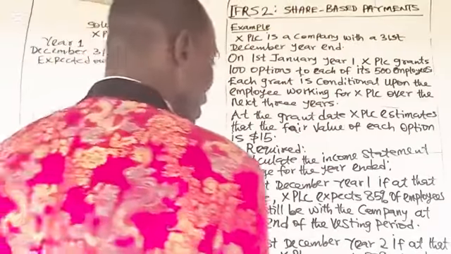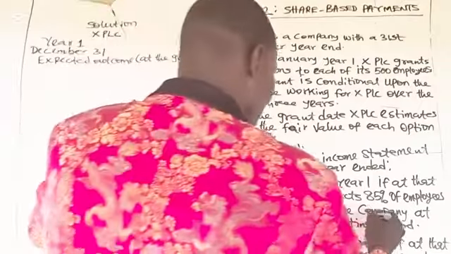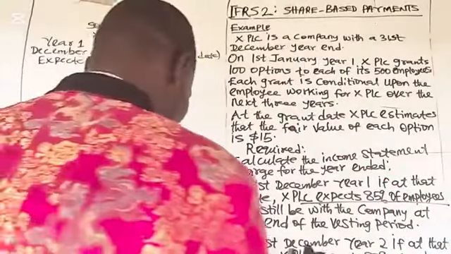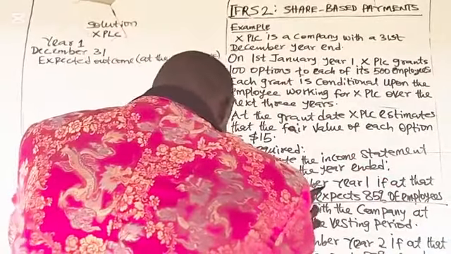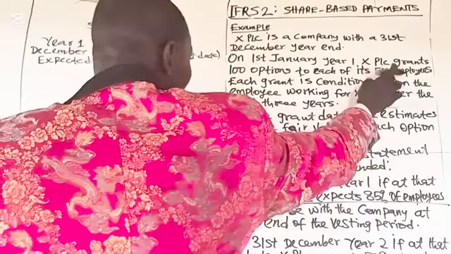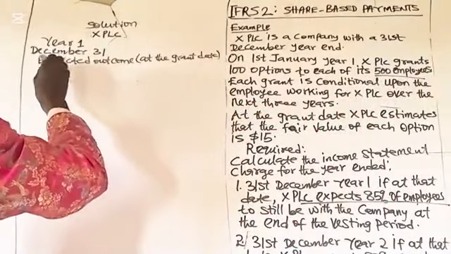So the vesting condition is for 85% of the employees to still be with the company. What is the total number of employees? You have 500 employees.